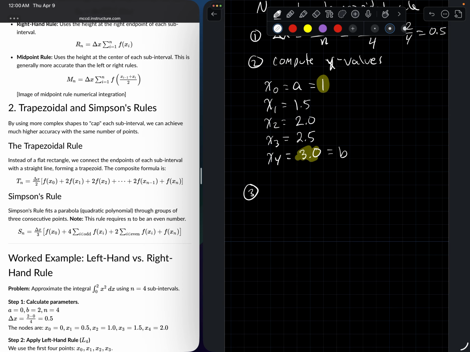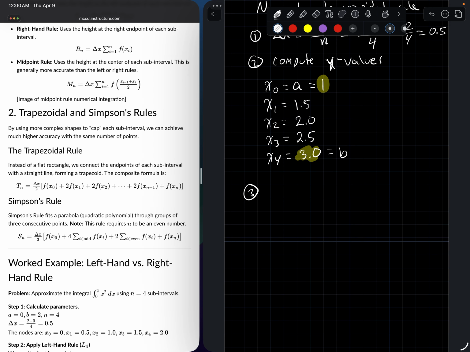You can see it to the left here, but specifically, the trapezoidal rule estimate would be, I guess I'll call it T4, just copying the notation, and it would be delta x over 2, and then in parentheses here, we would have f of x0 plus 2 f of x1 plus 2 f of x2 plus 2 f of x3, and then when you get to the last point, the x4, it would be just f of x4.